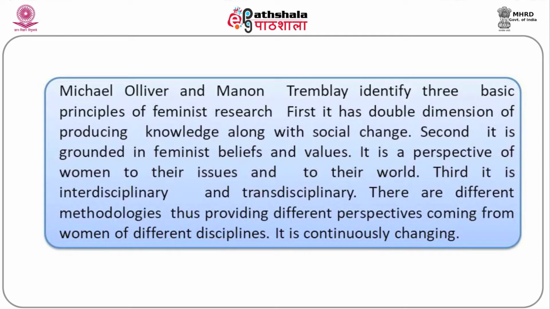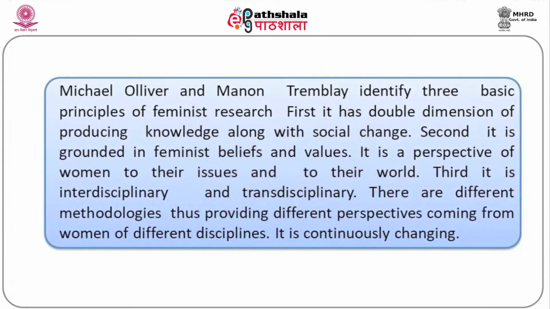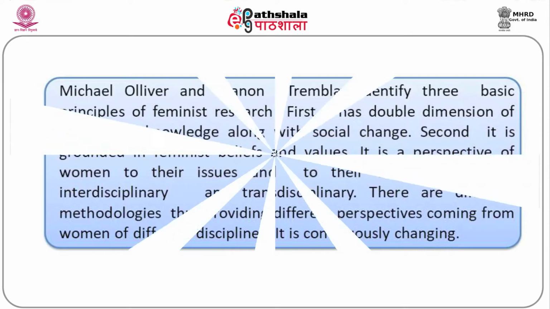First, it has a double dimension of producing knowledge along with social change. Second, it is grounded in feminist beliefs and values. It is a perspective of women to their issues and to their world. Third, it is interdisciplinary, transdisciplinary. There are different methodologies, thus providing different perspectives coming from women of different disciplines. It is continuously changing.